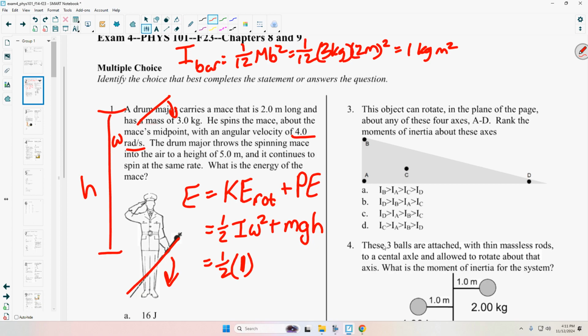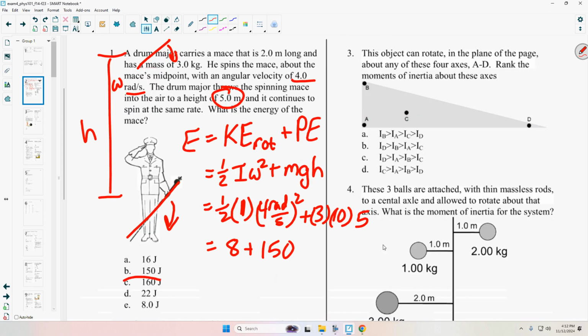So that's 1/2 of 1 times 4 radians per second, squared, plus the mass, which is 3, times g, which is 10, times h. It says it goes up to a height of 5 meters, and then that gives me 8 plus 150, 158, or 160 joules.